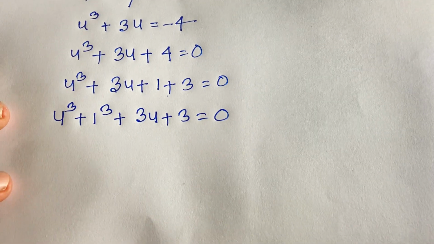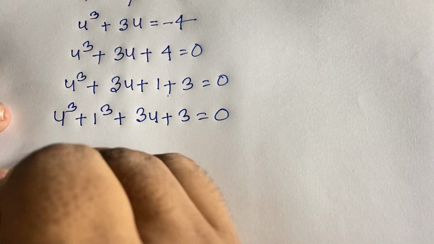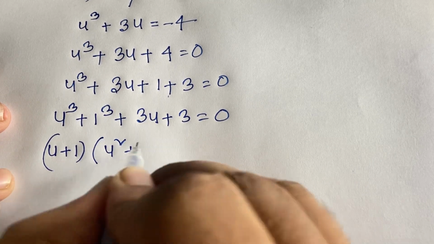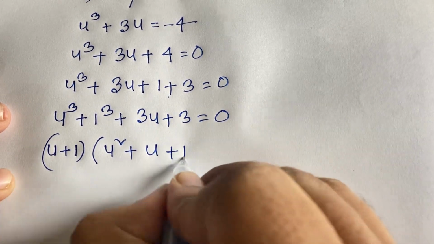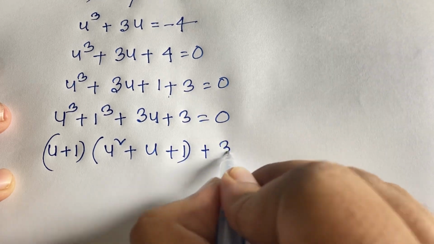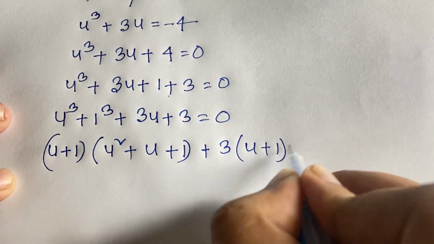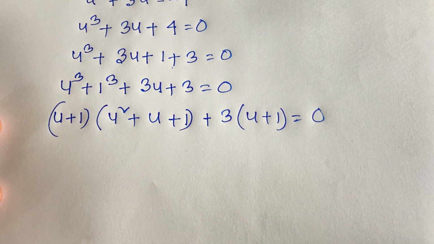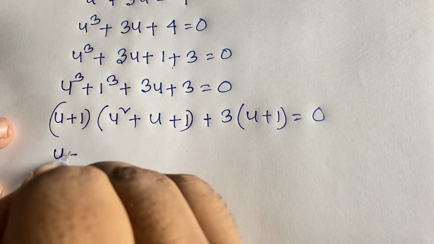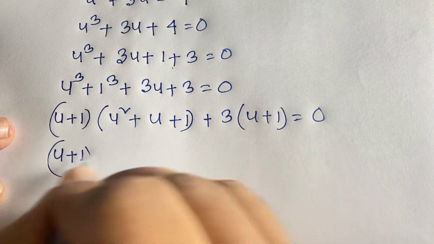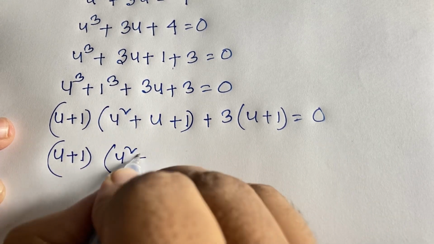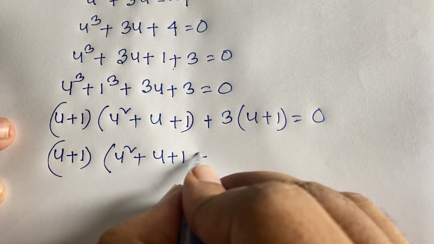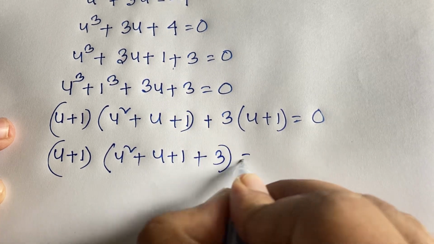Now at this moment I can say that a cube plus b cube, it will be a plus b times a squared minus ab plus b squared, 1 squared, it will be 1, and here 3 is common, so it will be u plus 1 is equal to 0. Now here u plus 1 is again common, so this term divided by this, it will be u squared plus u plus 1, and this divided by this, it will be plus 3 is equal to 0.